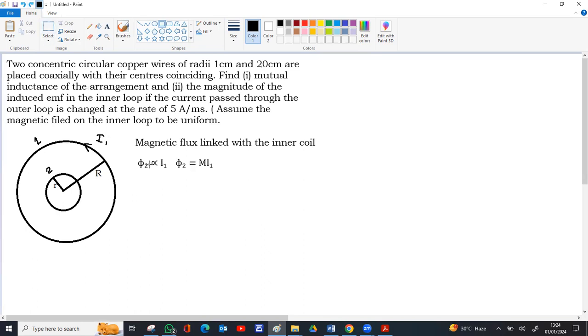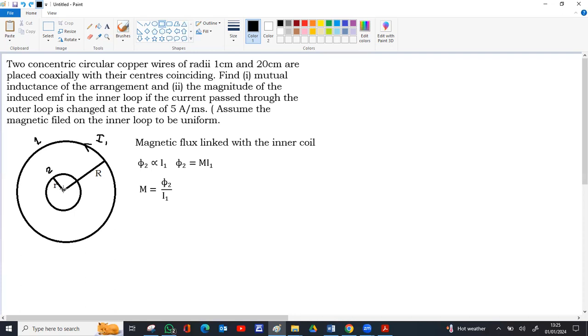Then the proportionality constant is called the mutual inductance M. So phi 2 is equal to M i1. The mutual inductance, what we are asked to find, M equals phi 2 by I1. Now the expression for magnetic flux is BAN cos theta. Since the flux is linked with coil 2, it will be BAN cos theta.